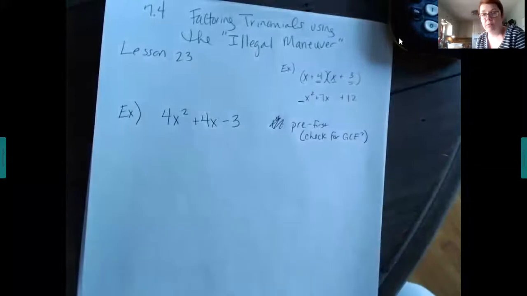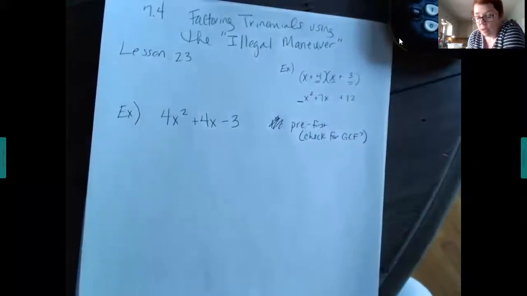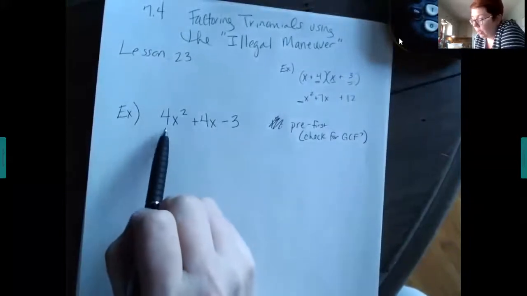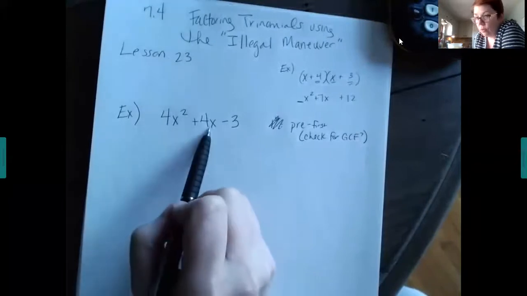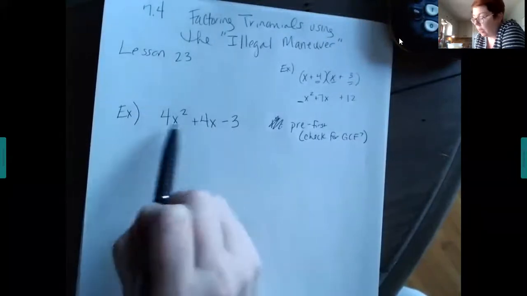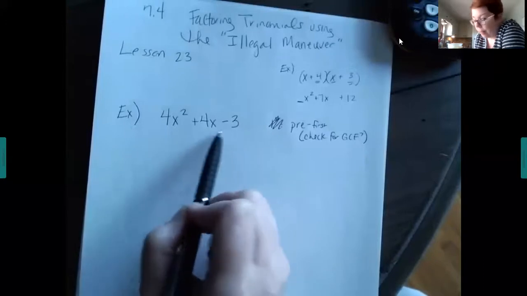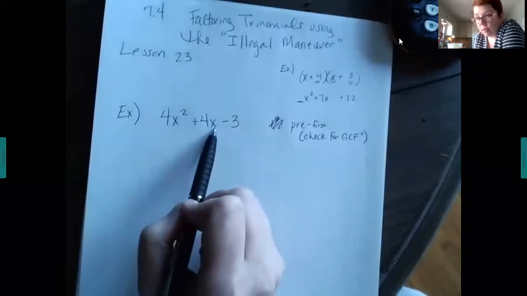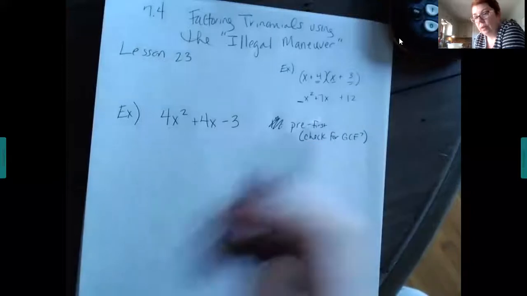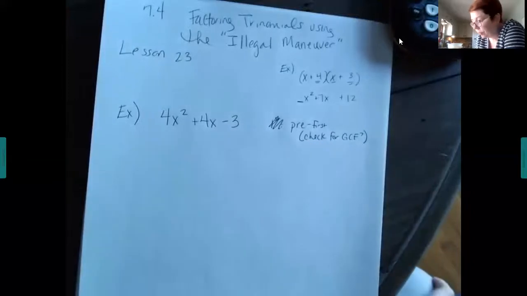Sometimes just taking that out solves all your problems. So factor-wise, 4, 4, cool. 3, not cool. So I can't divide this by 4 or 3. This has x's, so does this, but this does not. So can't take that out. So that means I'm going to go ahead and start the process.